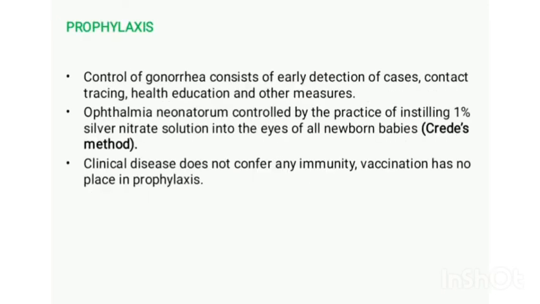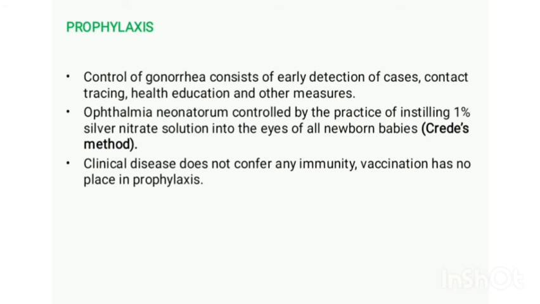Okay, next is prophylaxis, that is how to control the gonococcal infection. We know that gonorrhea is a venereal disease, right? So the measures we have to take to control the gonorrheal infection mainly include general measures such as early detection of cases, contact tracing, health education, etc. Right?